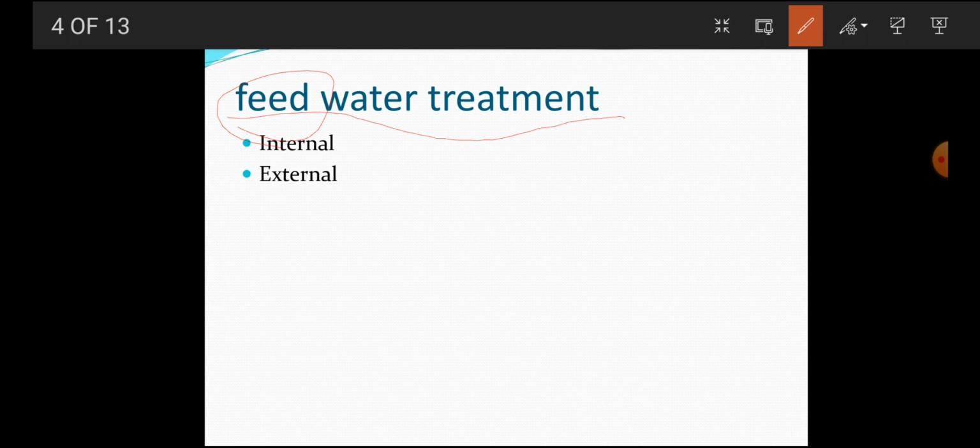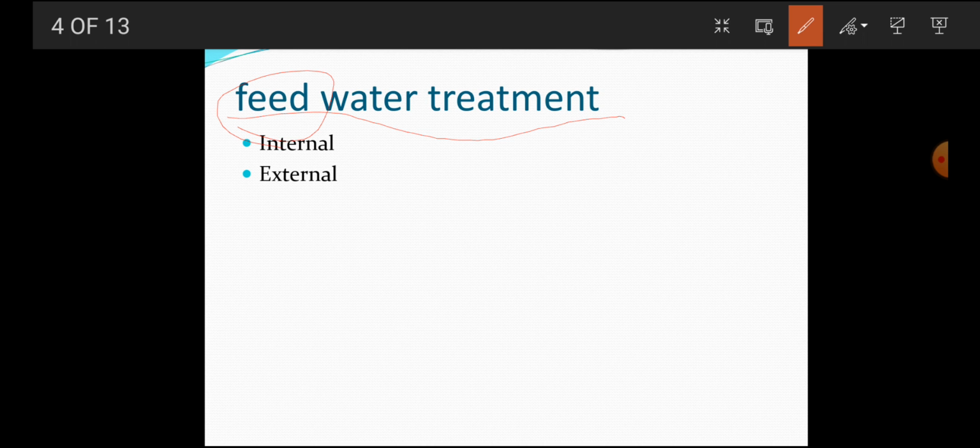Producing quality steam on demand depends on properly managed water treatment to control steam purity, deposits, and corrosion. The quality of feed water directly affects the efficiency as well as safe operation of the boiler. As the boiler working pressure increases, the quality of feed water required is more stringent.